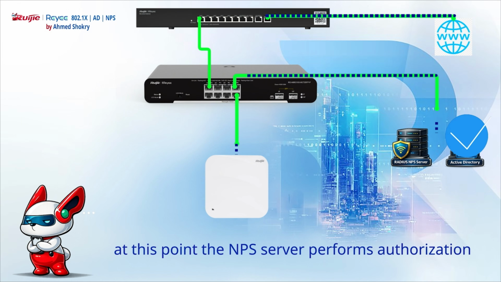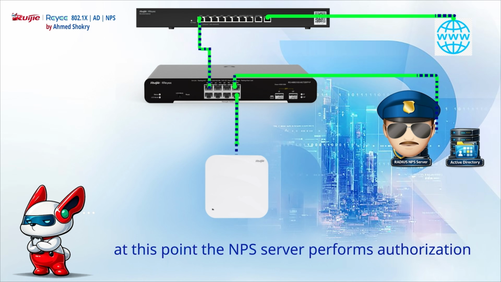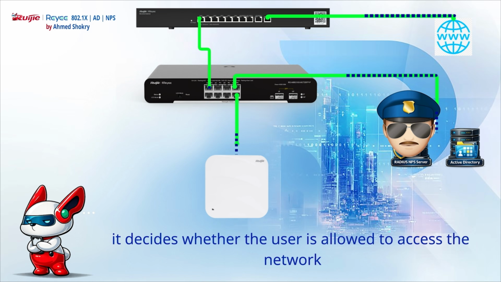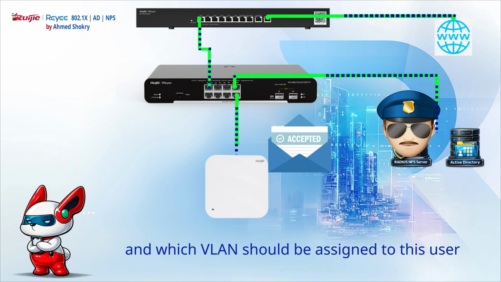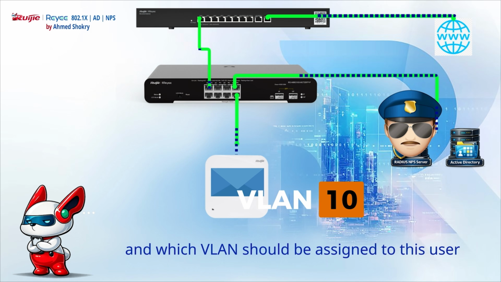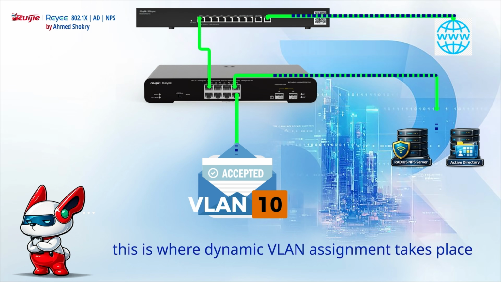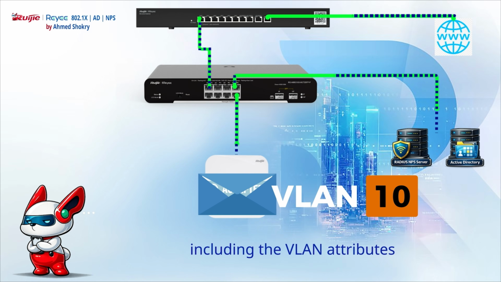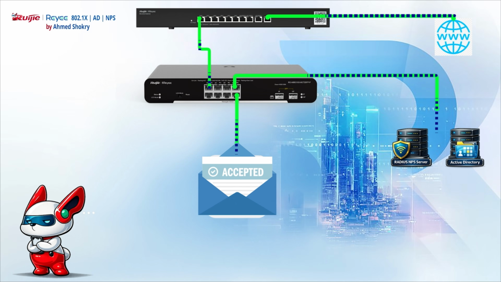At this point, the NPS server performs authorization. Based on the configured network policies, it decides whether the user is allowed to access the network and which VLAN should be assigned to this user. This is where Dynamic VLAN assignment takes place. The NPS server sends an access accept response to the Reyee access point, including the VLAN attributes.